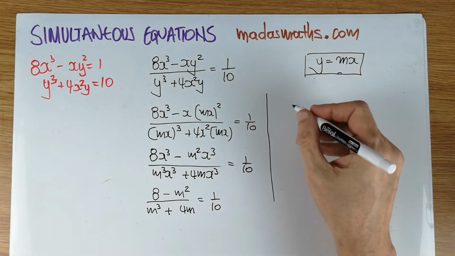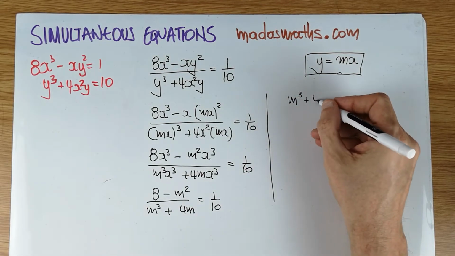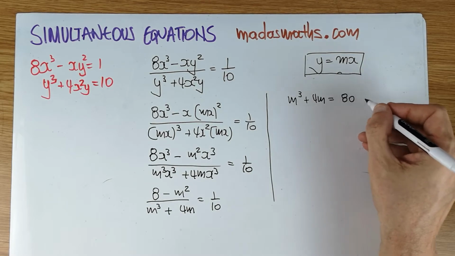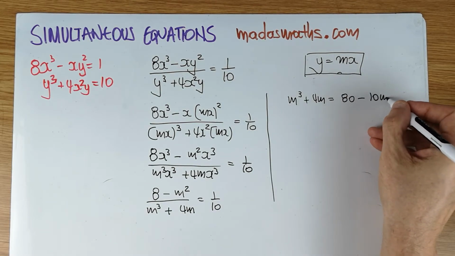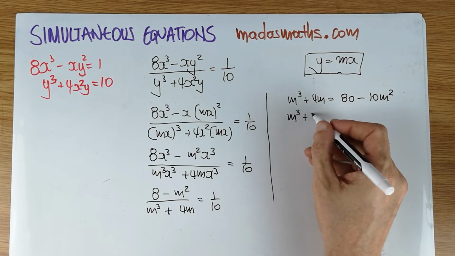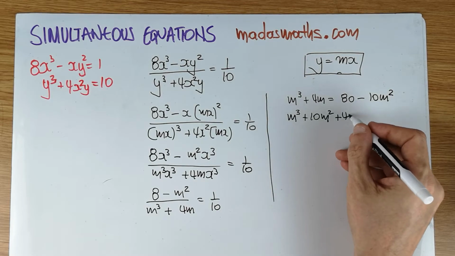So let's write it as m cubed plus 4m is equal to 80 minus 10m squared, and let's put it in the usual order. And that doesn't look pleasant, does it?